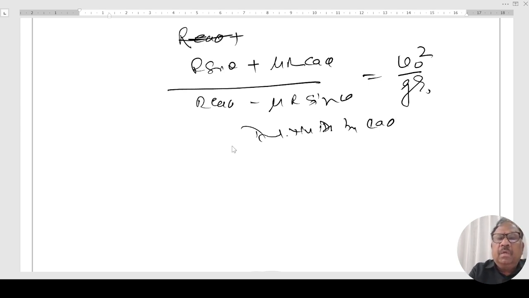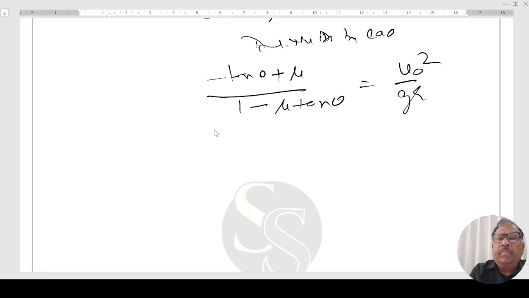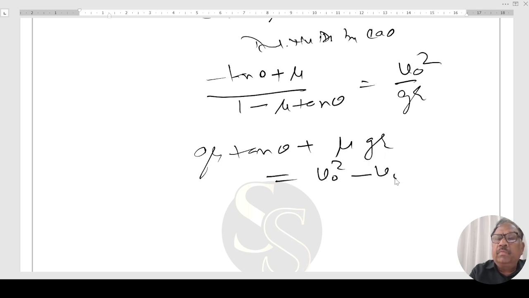R cancels, dividing by cos theta, we are left with tan theta plus mu upon 1 minus mu tan theta equals v naught square by g r. Let us simplify this: g r tan theta plus mu g r equals v naught square minus v naught square mu tan theta.